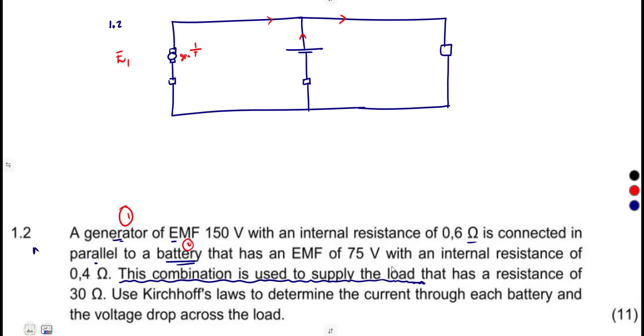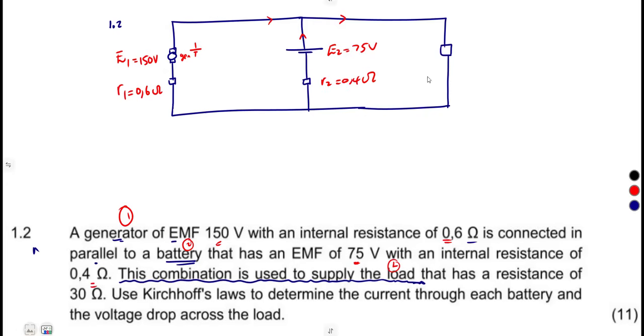Then the load resistor, we're going to use L to represent that. So E1 for the generator is 150 volts, and the internal resistance of 0.6 ohms was given, and the battery of 75 volts was given, with internal resistance of what?